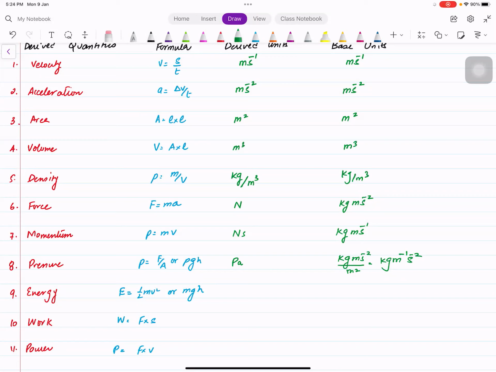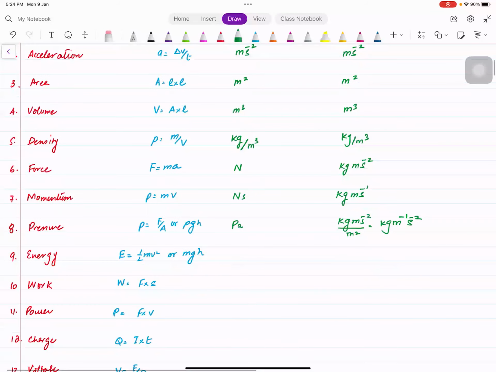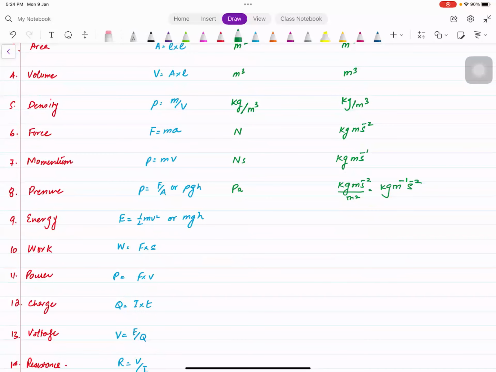Okay, Javeria, Dua, Ayan. Now energy. Energy is given by joules, and you can use any formulas. Half doesn't have any value. m is mass, so kg, and velocity has a square on it. So velocity is meters per second, squared, which makes it kg meter squared second minus 2.